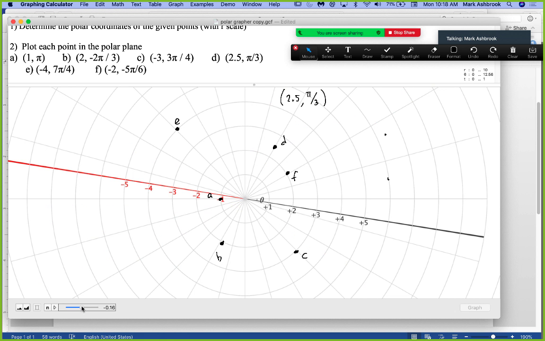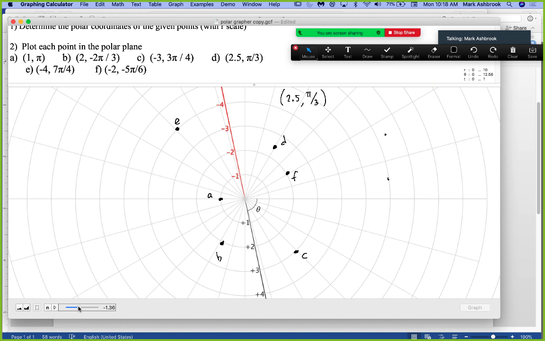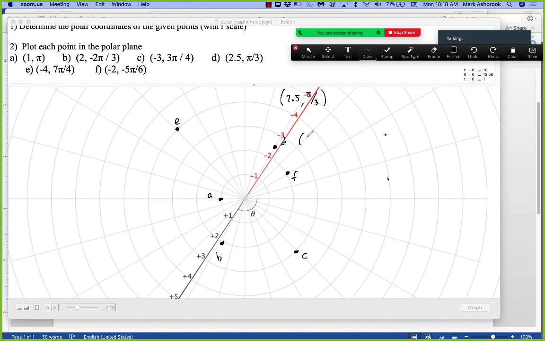Here's 0. So he wants to go negative 2 pi thirds, like that. So negative 2 pi thirds takes us in this direction, and then go negative 2.5. Does it work? Yeah, that works, right? We got 2.5 originally, our base point, plotted this way. But if you went negative 2 pi over 3, which is directly across from pi over 3, and then went negative 2.5, you get that same point.